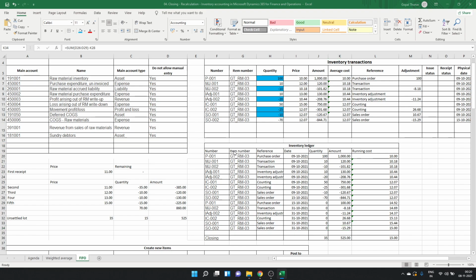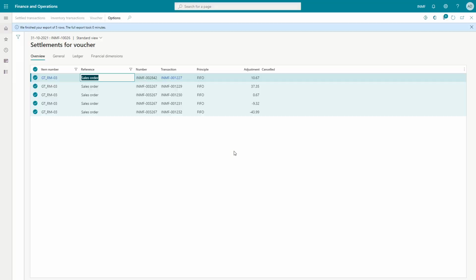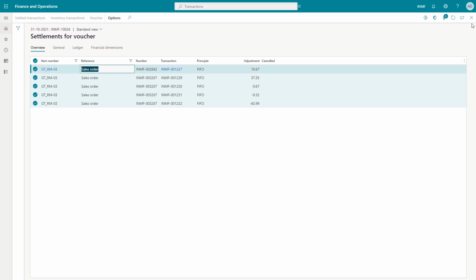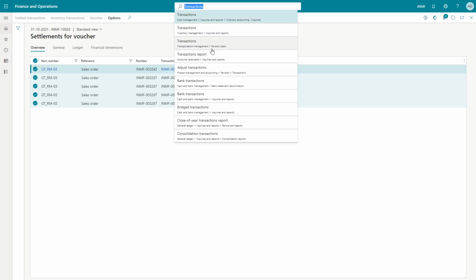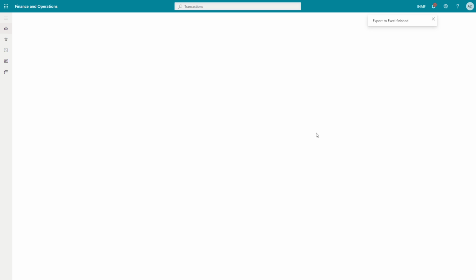Okay, now let's analyze inventory transactions in system. Comparison reports.